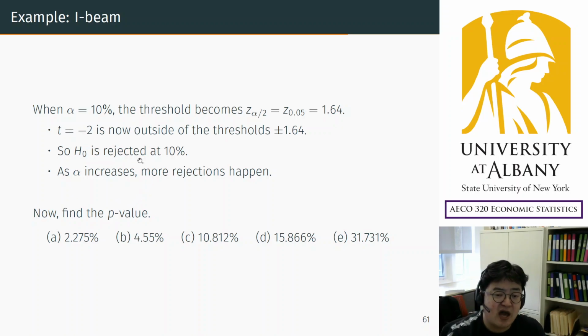Now let's compare that to the p-value. So calculate the p-value. What is the p-value in this case? Remember, the t-stat is -2. So based on the t-stat, calculate the p-value. Okay, the answer is we are looking for the probability outside plus minus 2 in the standard normal distribution.